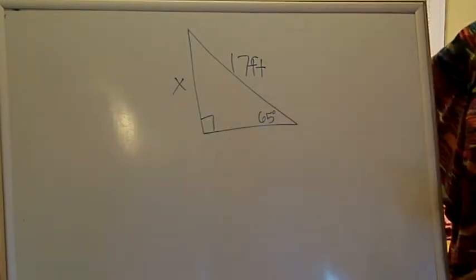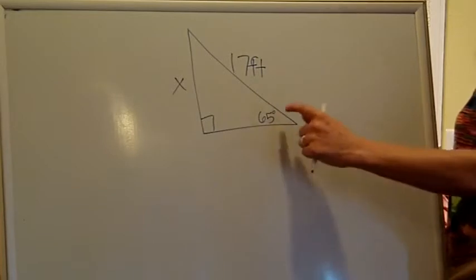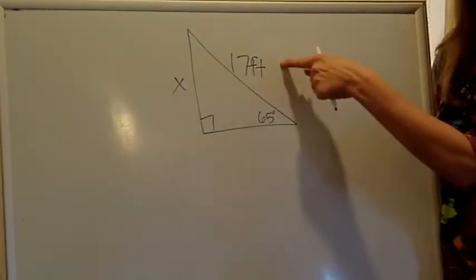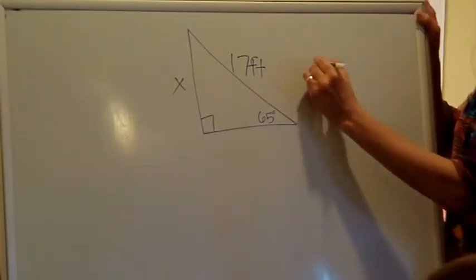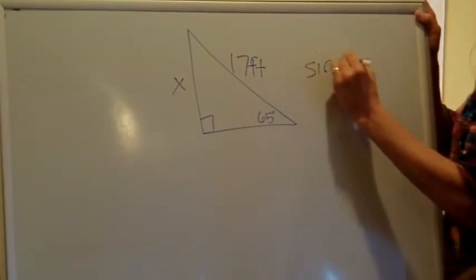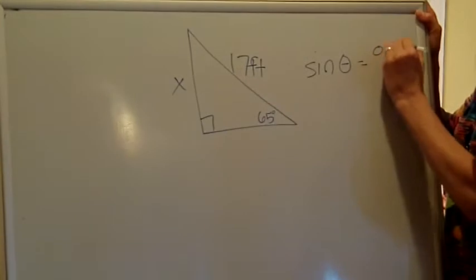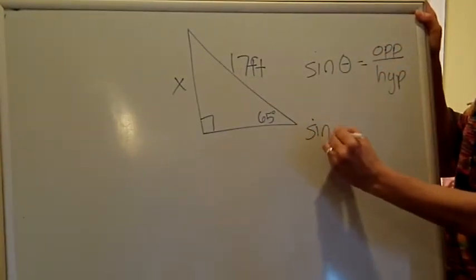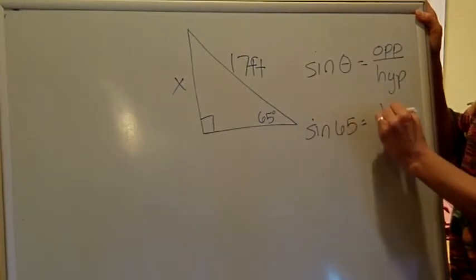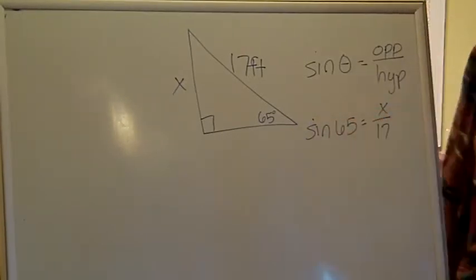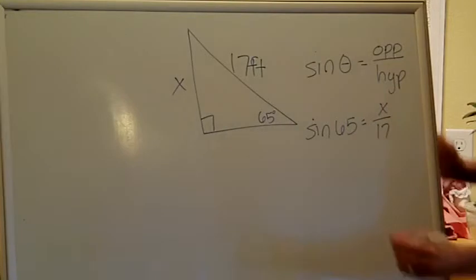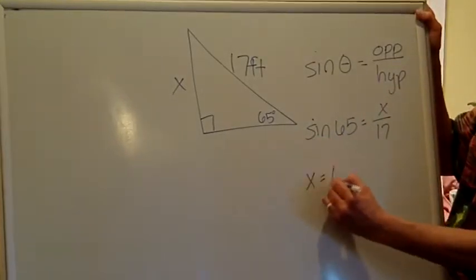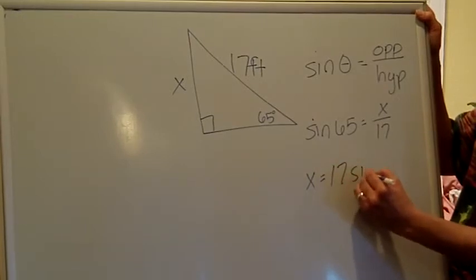Always look at your angle and what other information you have. You're given an angle, you're finding the opposite side, you're given the hypotenuse. So that's sine. Sine is opposite over hypotenuse. So we're going to do sine of 65 equals x over 17. Multiply both sides by 17, and you'll have your answer: 17 sine 65.